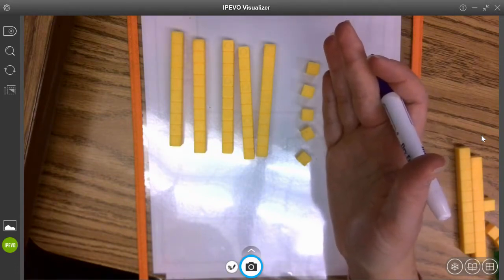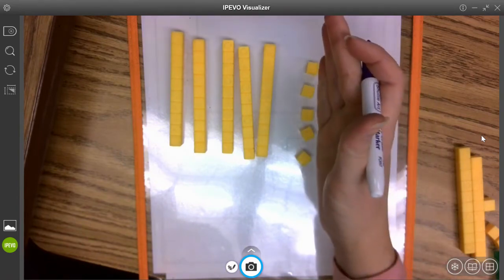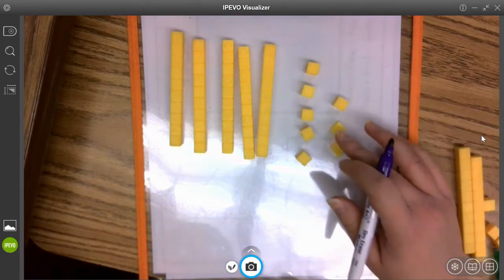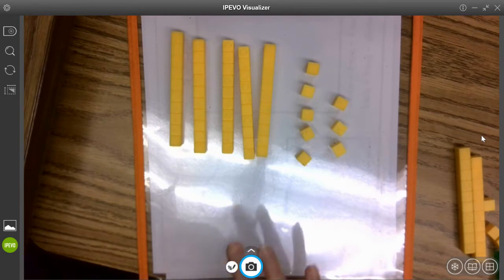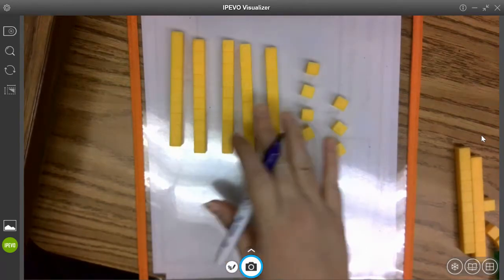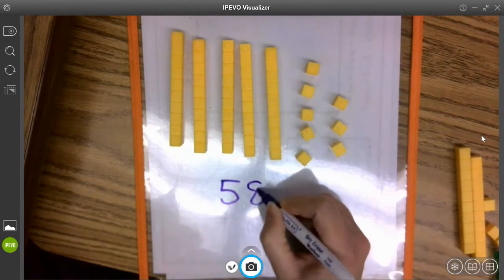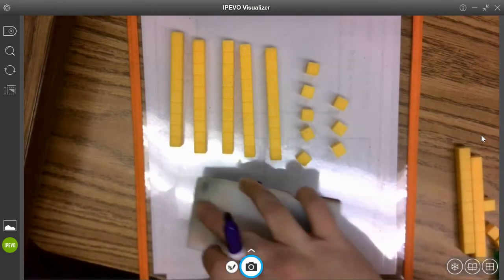Anything bigger than 5, our mind starts wanting to try to count. So when I can see the 5 in a row, that helps me count it faster. 5, 6, 7, 8. Okay. So we have 5 10s and 8 1s. 58.